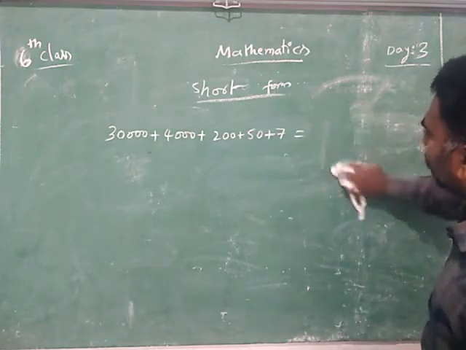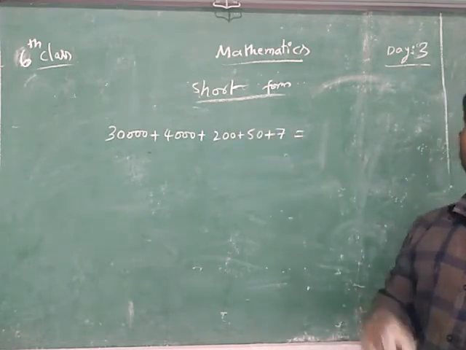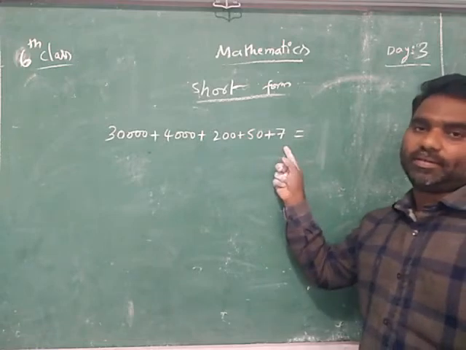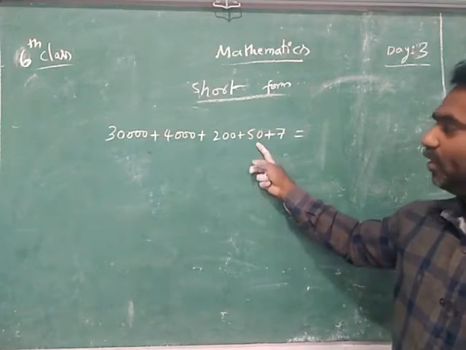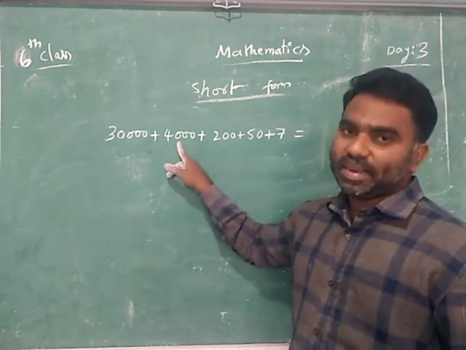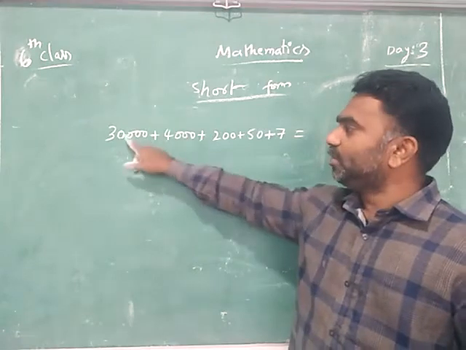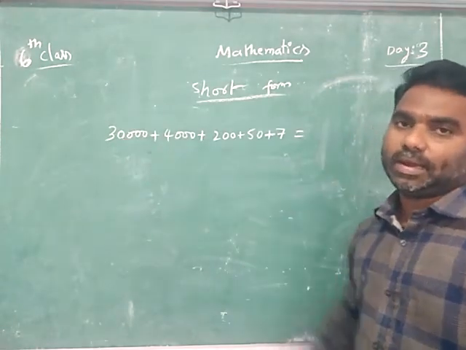Otherwise, you see which places are there. Try to understand: the number with no zeros is ones place, with 1 zero is tens place, with 2 zeros is hundreds place, with 3 zeros is thousands place, with 4 zeros is 10,000s place. Easily we can remember that.